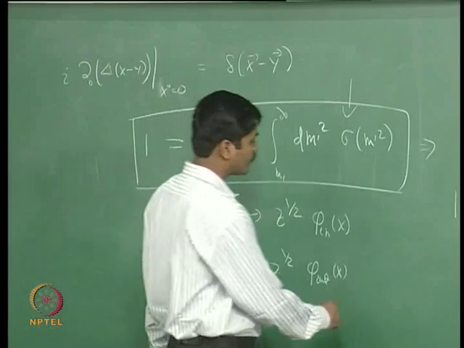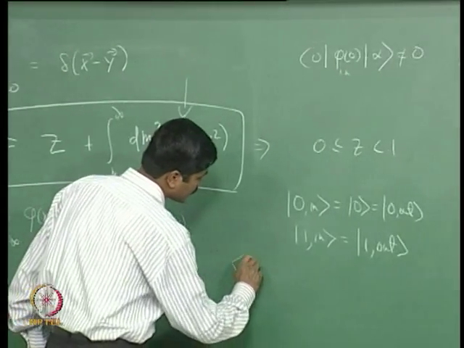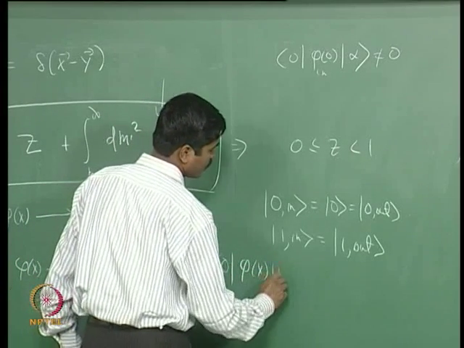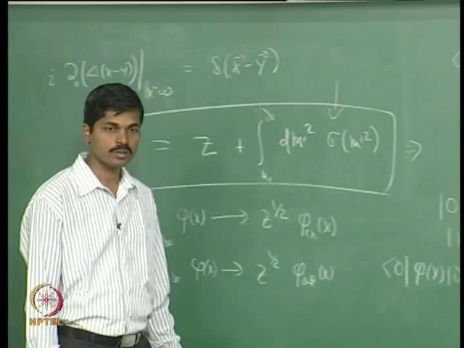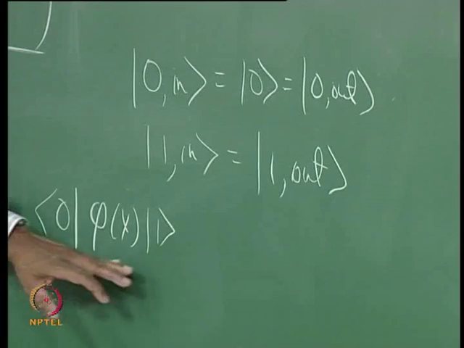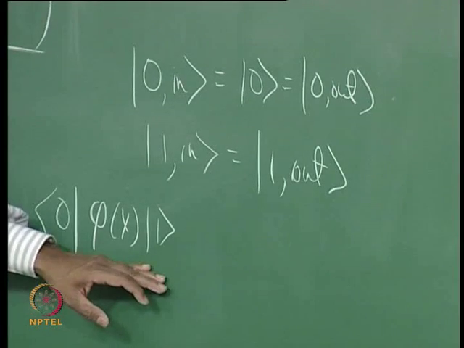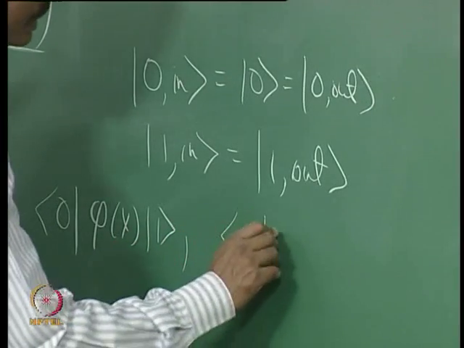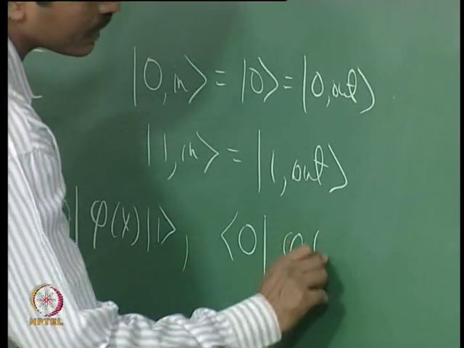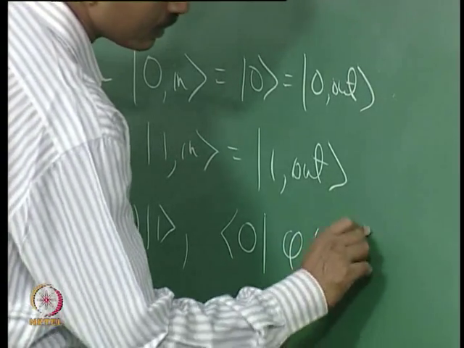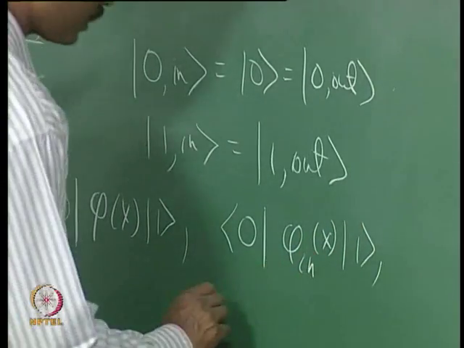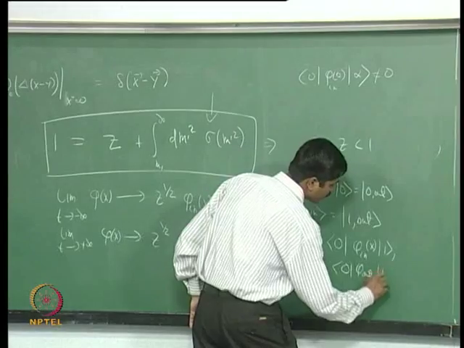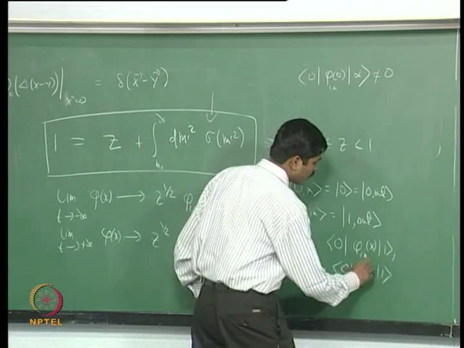And if you consider quantity like this, the x dependence here and the x dependence in phi in of x, 0 phi out 1.